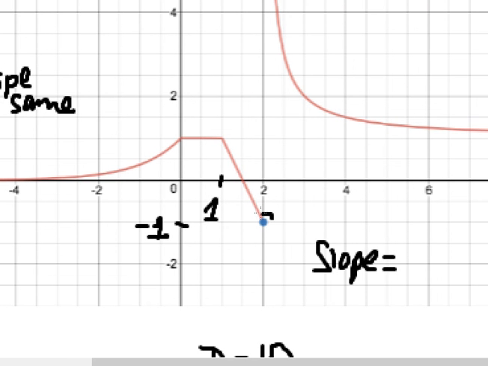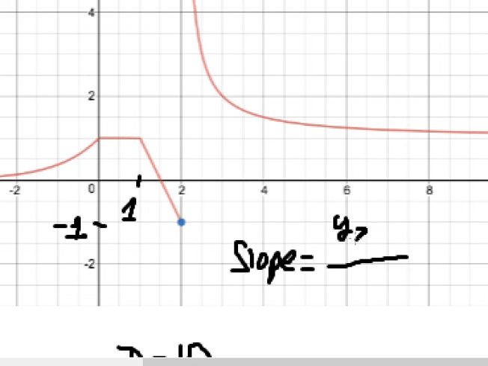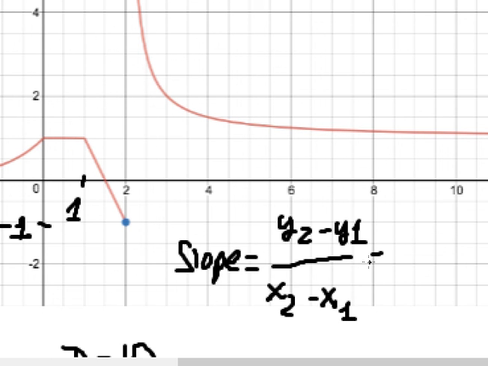So I will choose this point in here and this point in here. So that should be y2 minus y1 over x2 minus x1. So y2, that is negative number 1.